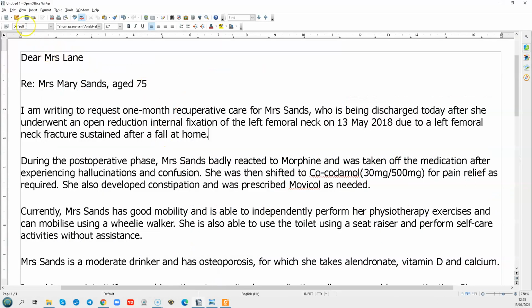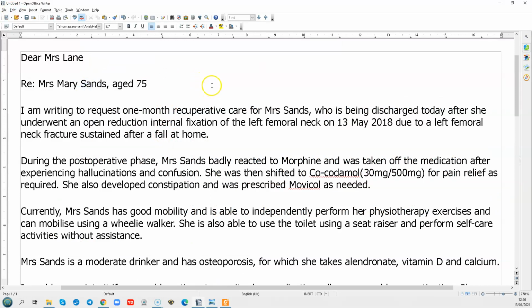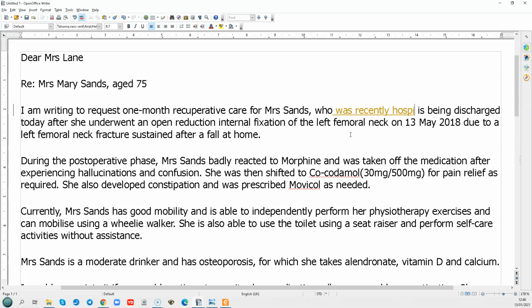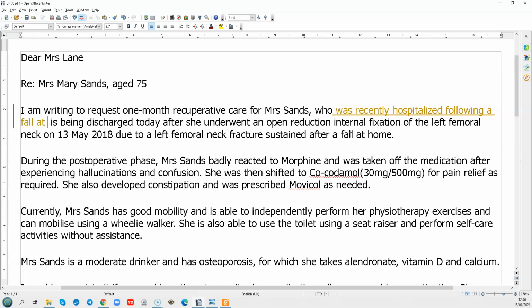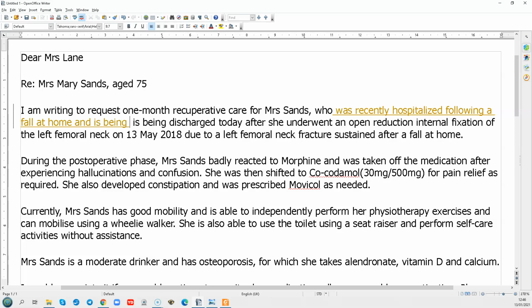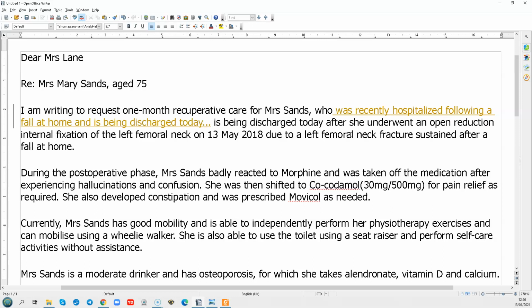I don't need to make any changes, just in case. I think the English part is pretty good. The question is what sounds like is being discharged. Right, so I would put something about who was recently hospitalized following a fall at home or something, and is being discharged today, or something such as that, right?